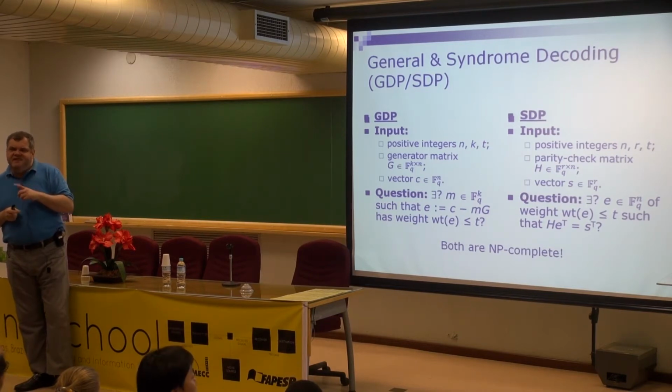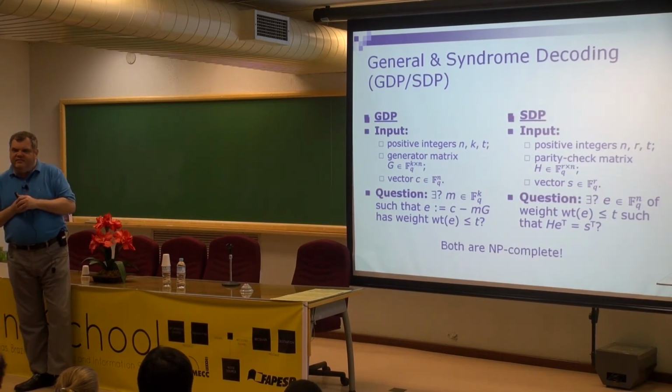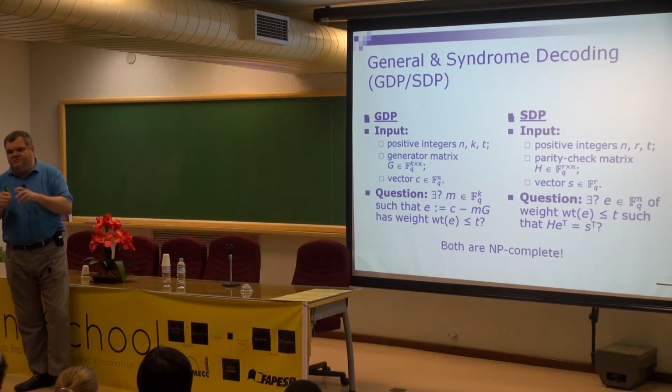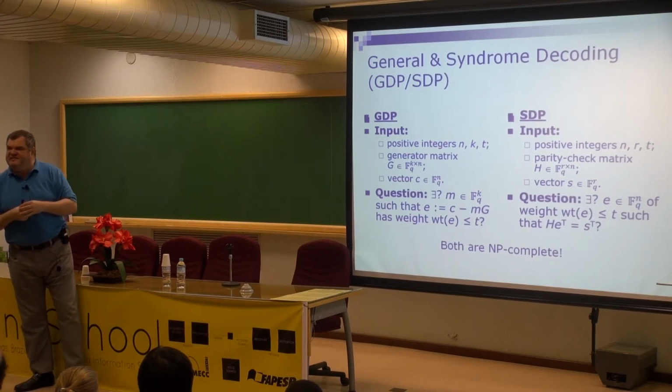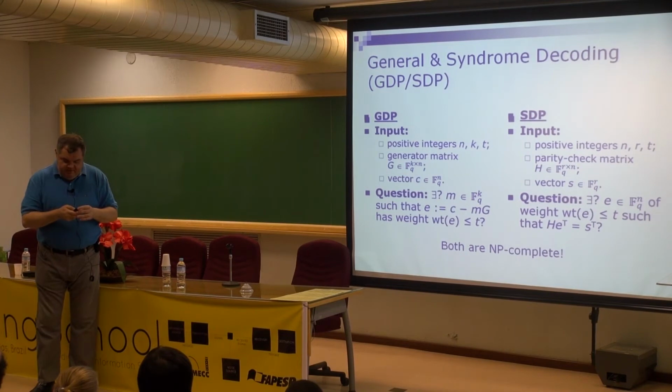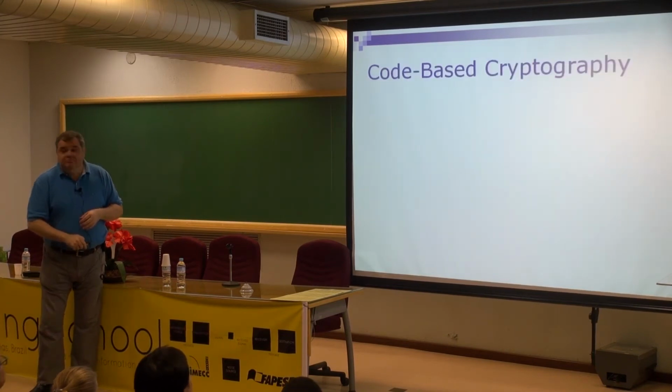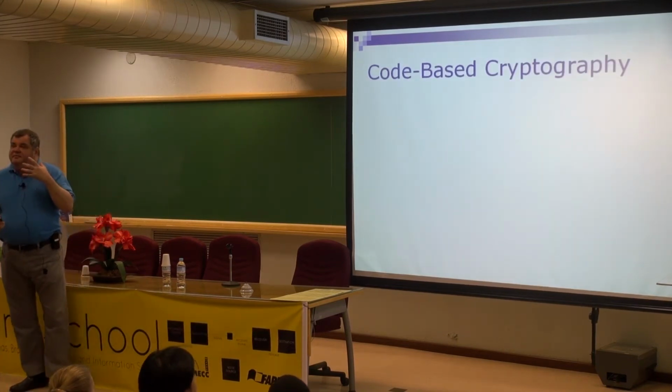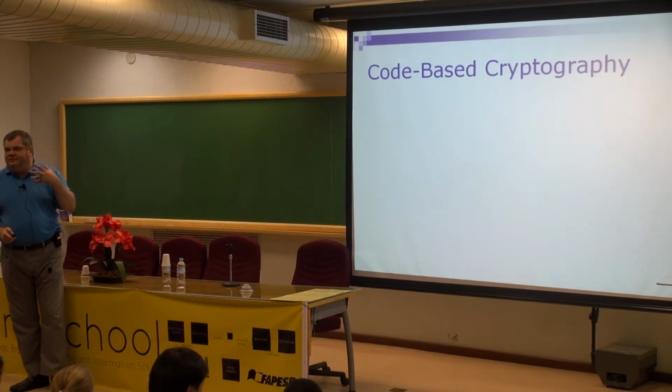If I am not mistaken, the proof that the syndrome decoding problem is NP-complete was published in 1976 or 77, so it's almost the same time. Okay? Well, and this is the inspiration for code-based cryptography.